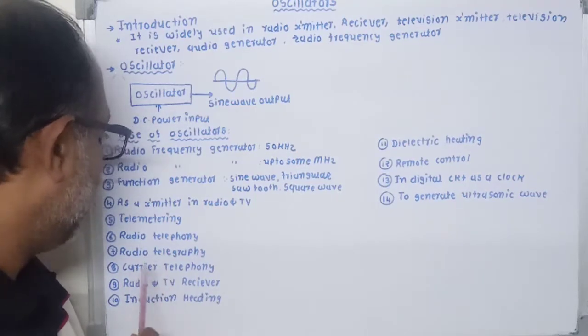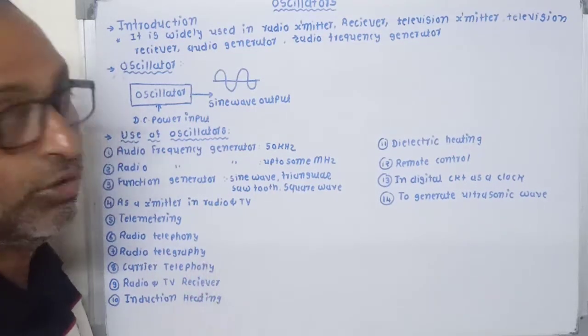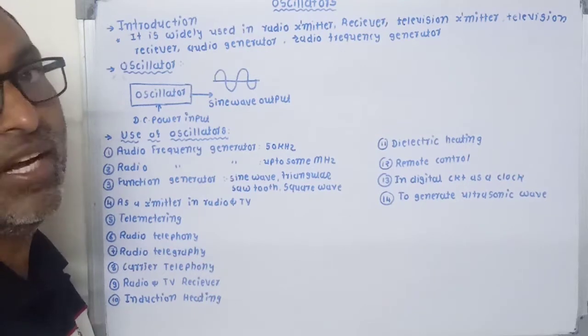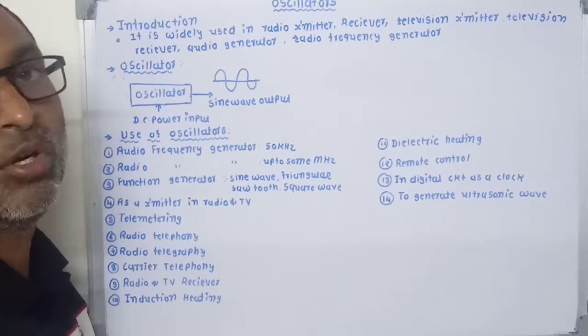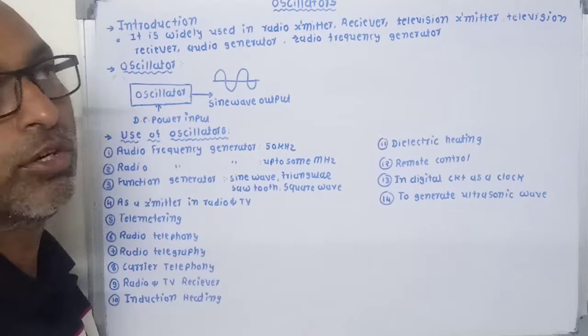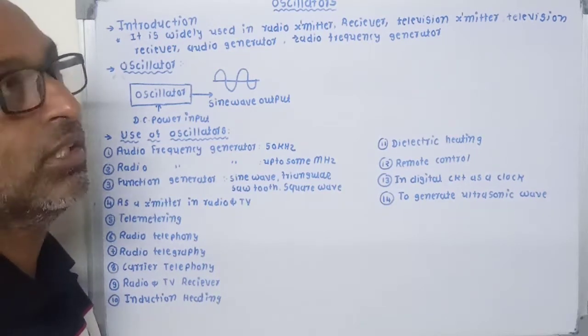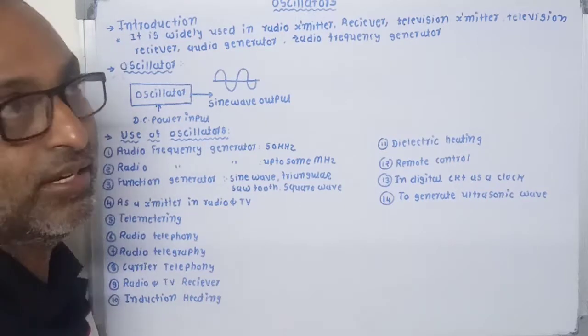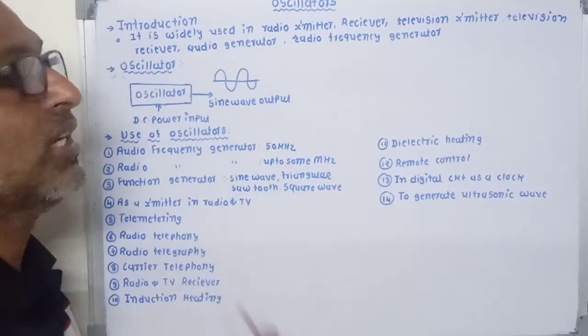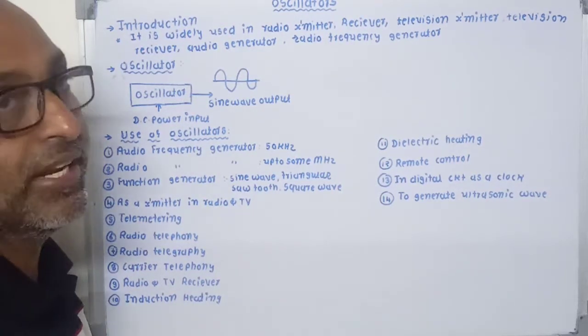Eight, carrier telephony. The same pair of wires is used with different carriers to transmit all the messages from the telephone simultaneously. For that, the oscillator is used to generate the carrier frequency.